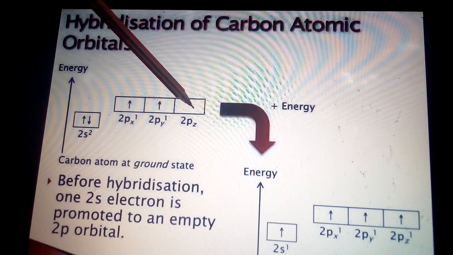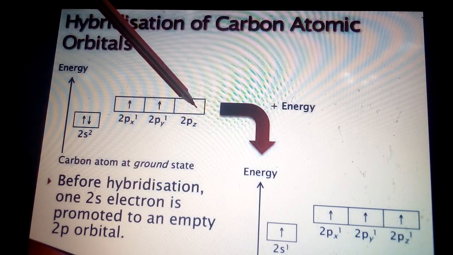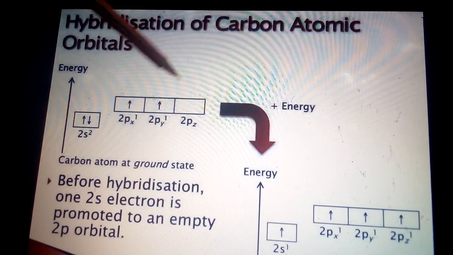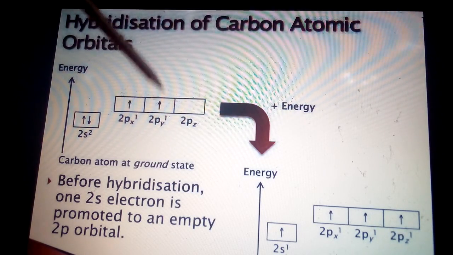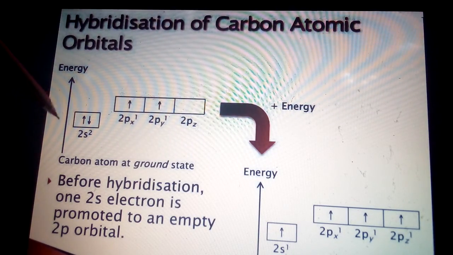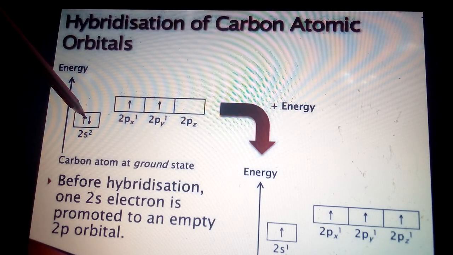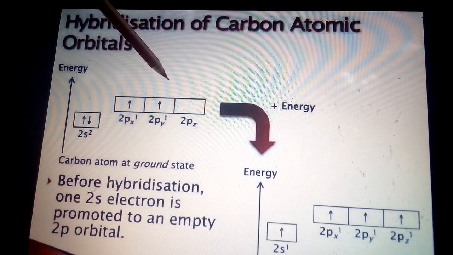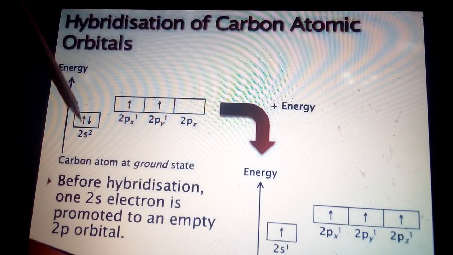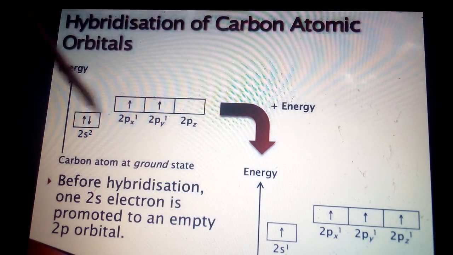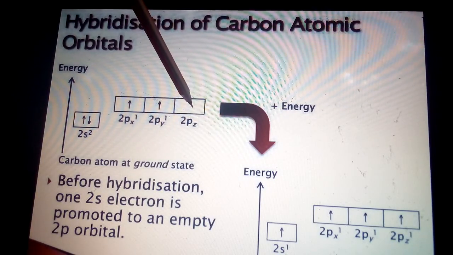The 2pz is empty. So what do we do? In order to mix the s orbital and these p orbitals, first of all, we have to promote one electron from the s orbital. After gaining energy, this electron is promoted to the empty space and fills that place.